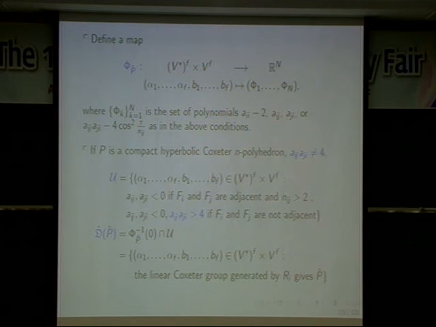In fact, we can get D hat as an intersection of the previous solution space and U. This is exactly the linear Coxeter group generated by Ri giving P hat.